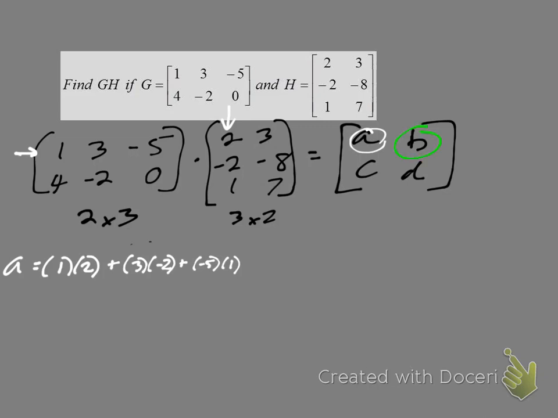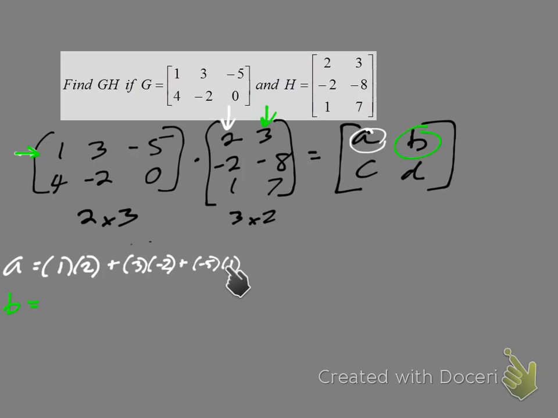Make B. Same row, next column. Why didn't we go all the way down?